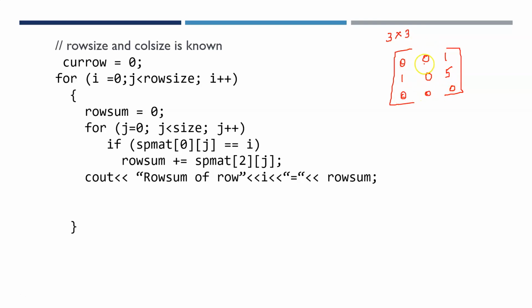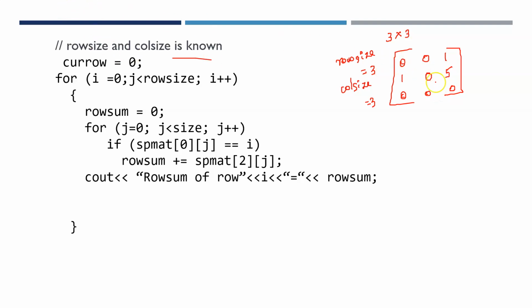This is a sparse matrix in which you have 3 non-zero elements, right? This is the original matrix. From the original matrix, I understand my row size equals 3 and my column size equals 3. This is observed from the original matrix.